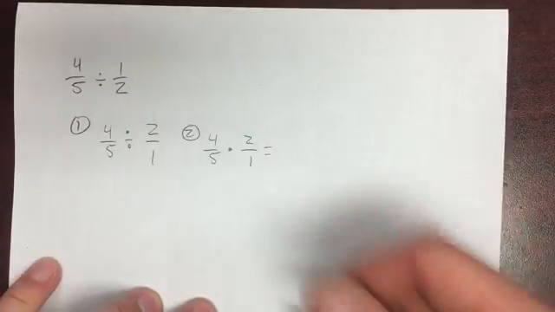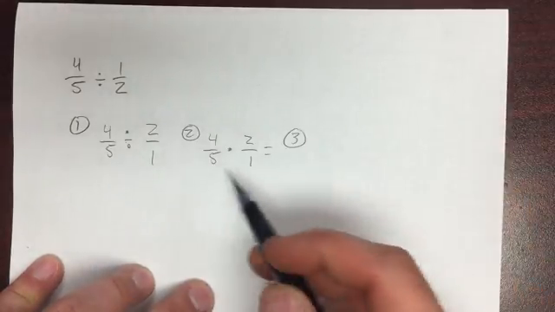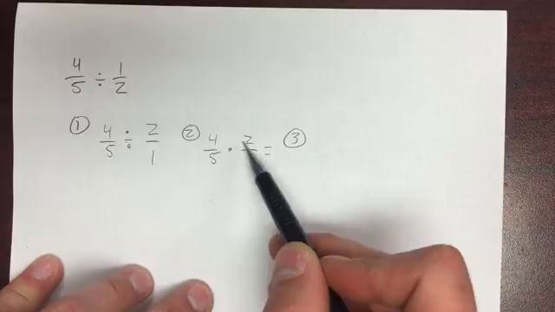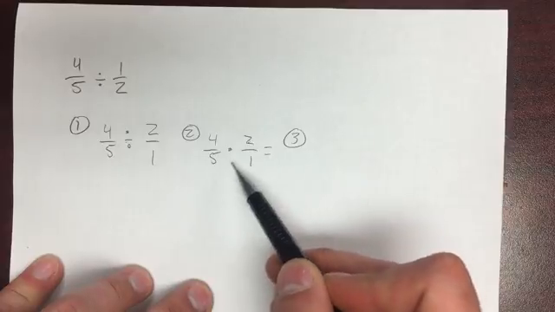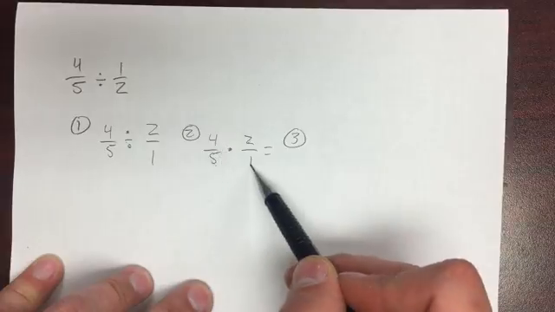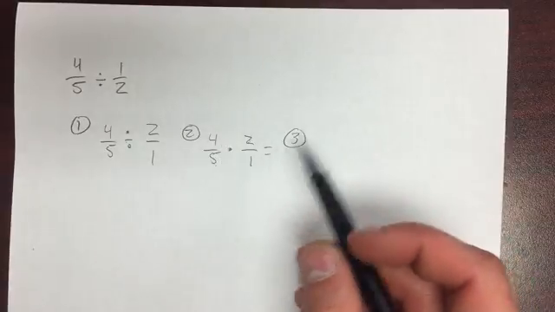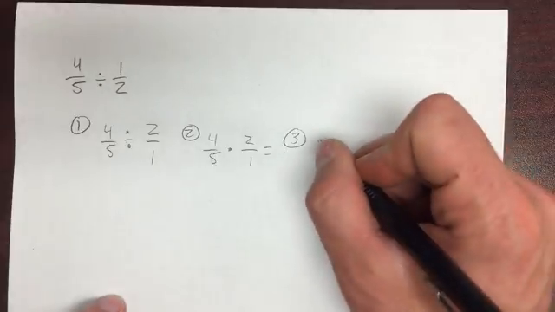All right, we're on to step number 3. It says cross cancel. All right, well, can 5 go into 2? No, 2 can't go into 5 evenly either. 4 doesn't go into 1, and 1 goes into 4 four times, so really there's nothing to cross cancel, so we just multiply across.